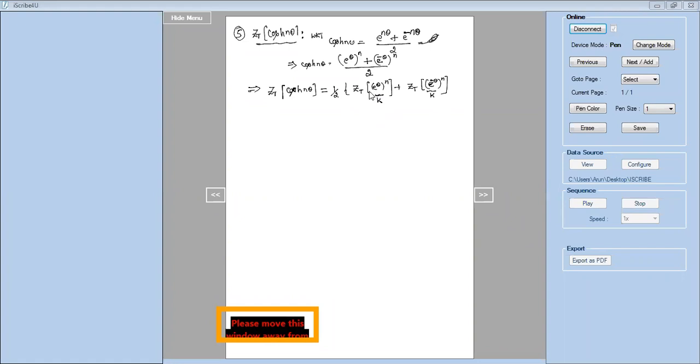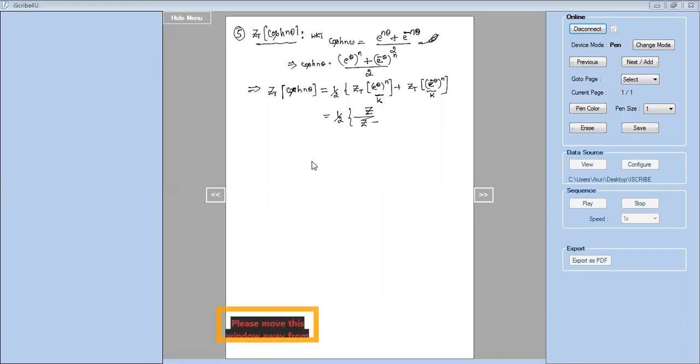So using that formula, I can write the Z transform of the RHS. This is equal to 1 by 2 into z divided by z minus k. So k means what here? e^θ.